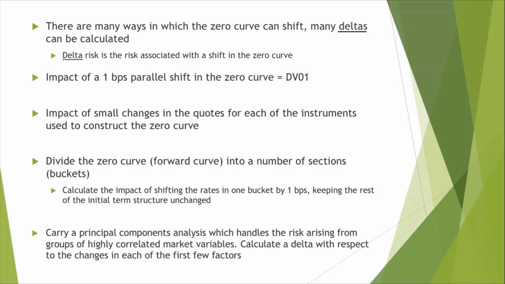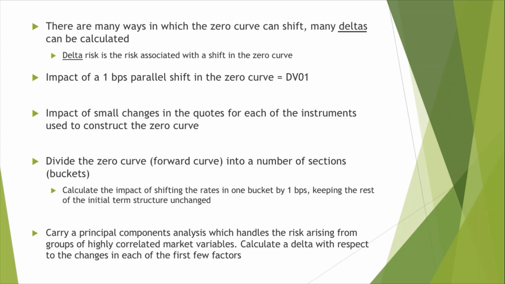The third alternative is to divide the zero curve or forward curve into a number of sections or buckets. Then, after you've divided the curve into buckets, you can calculate the impact of shifting the rates in one bucket by 1 basis point, keeping the rest of the initial term structure unchanged.